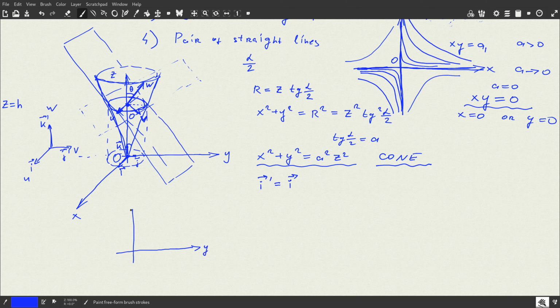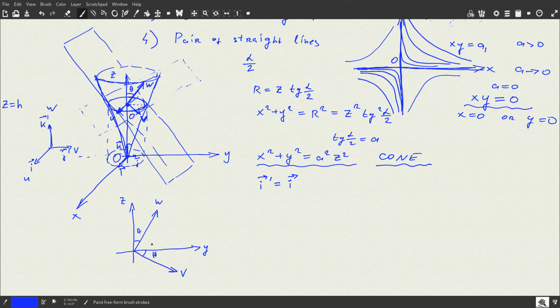So, this is y, this is z, and we have w with the angle theta, and we have v here, so the angle between them is theta as well.